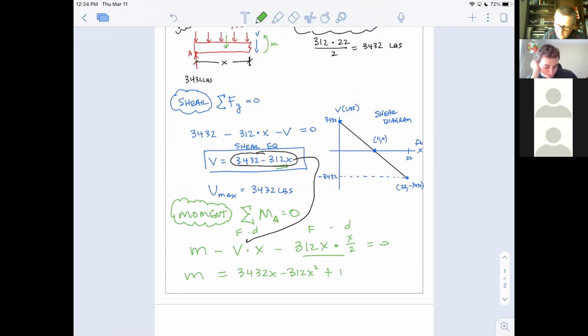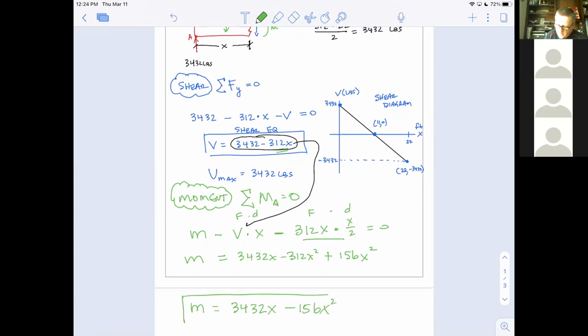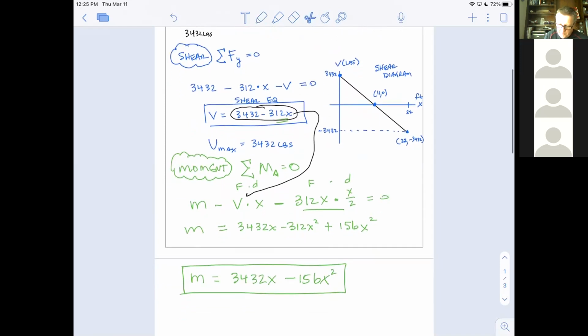And I'd be adding it to the other side, so that'd be plus 156X squared. And then I just have a couple of squareds to add together. So M equals 3432X minus 156X squared. That is my moment equation.